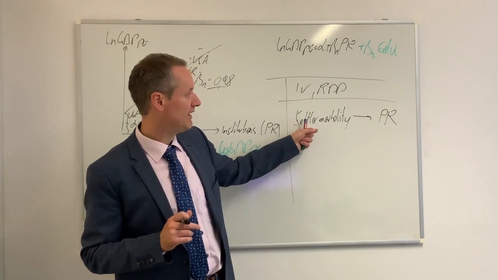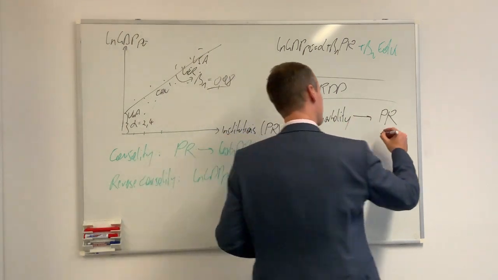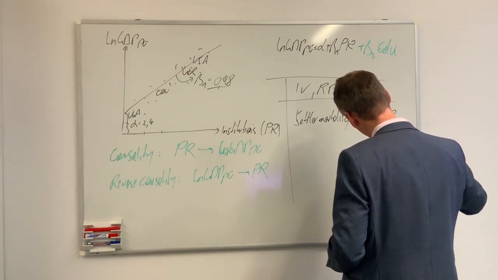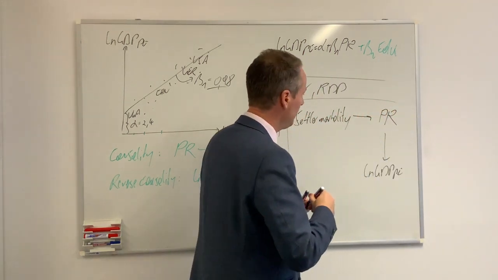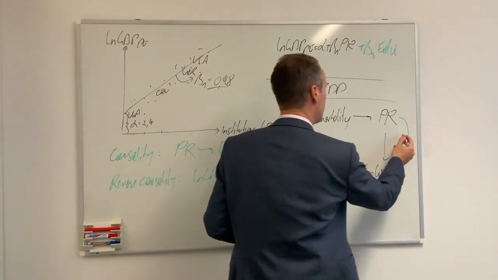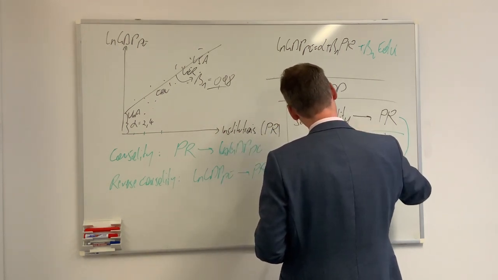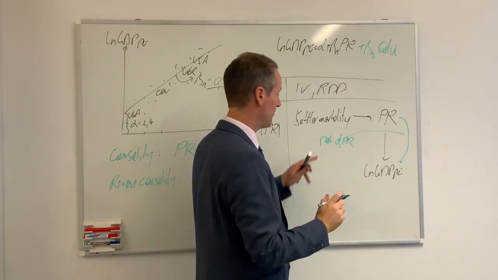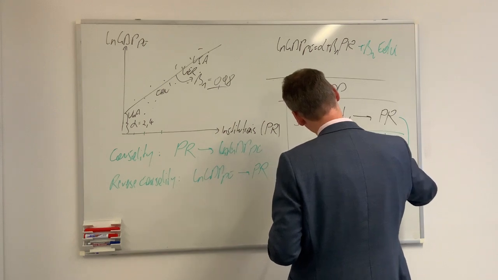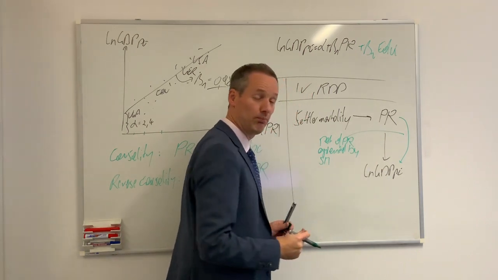So if settler mortality influences property rights, higher settler mortality, lower property rights, then what I'm trying to do is that I try to use, put here another arrow, that I'm trying to use the part of property rights that is explained by settler mortality to explain GDP per capita.